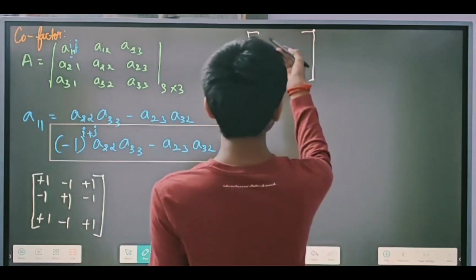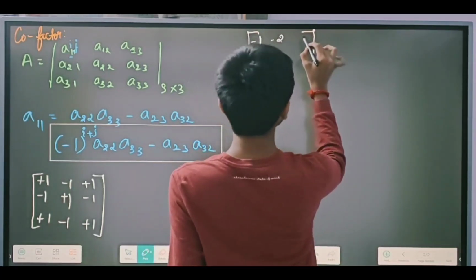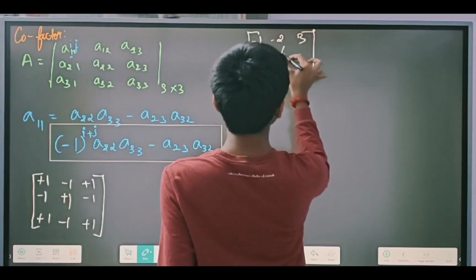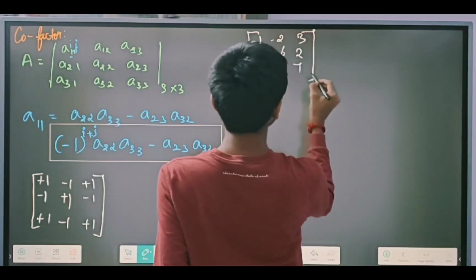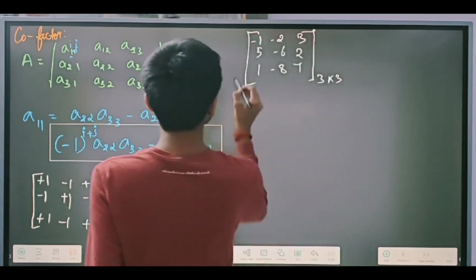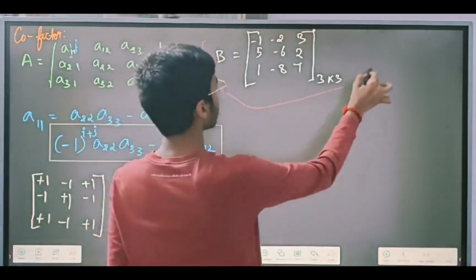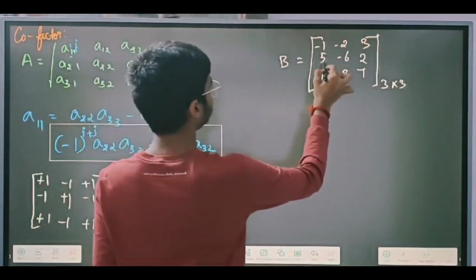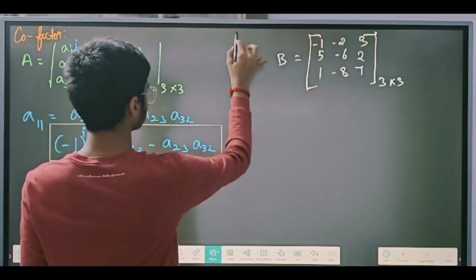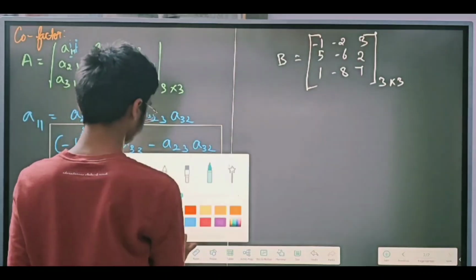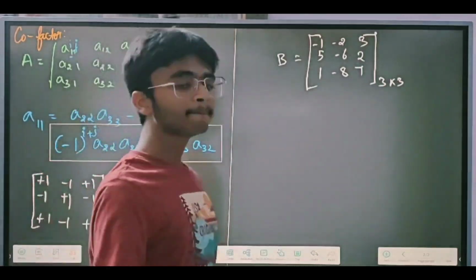The matrix that I've got here is -1, -2, 3, 5, -6, 2, 1, -8 and 7. Let this be matrix B. This is the matrix and its name is going to be B.